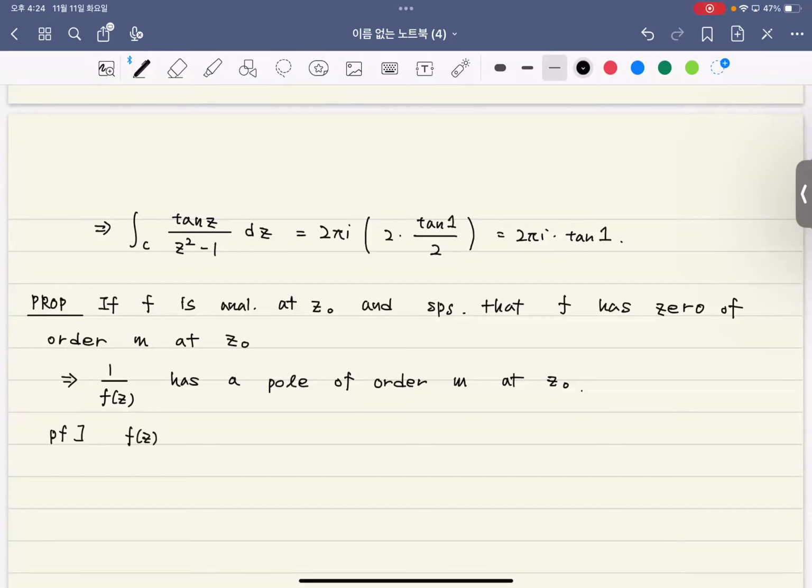If f has a pole of order m at some point, then this implies, well, this is what we actually did in my previous lecture, you multiply your function by z minus z0 to the m's power, and this limit exists, and this is non-zero.